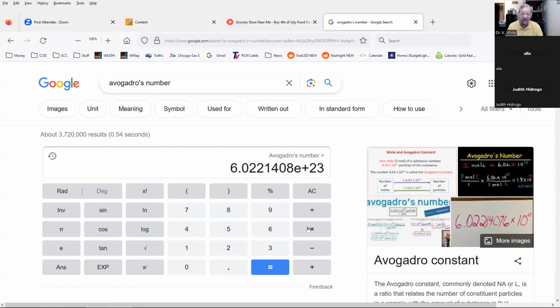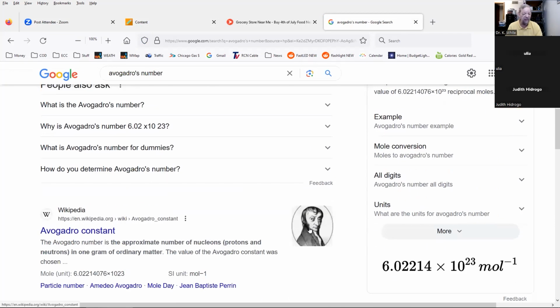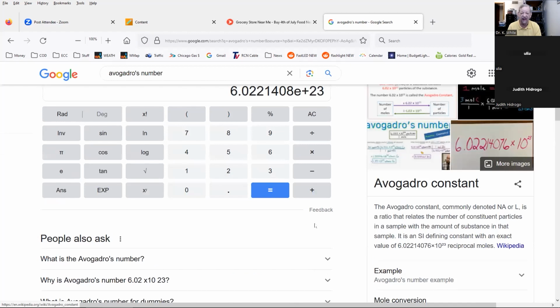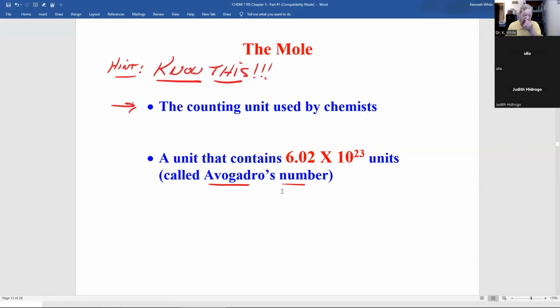One time I happened to find a credible website where they had Avogadro's number to, are you ready for this, I think it was 18 significant figures. Why anybody would need that accurate, I don't know, but obviously somebody felt it necessary to calculate it and measure it. So this is Avogadro's number, 6.02 times 10 to the 23rd.